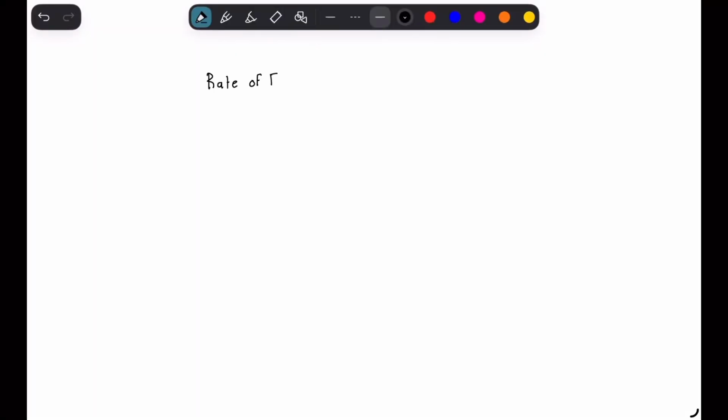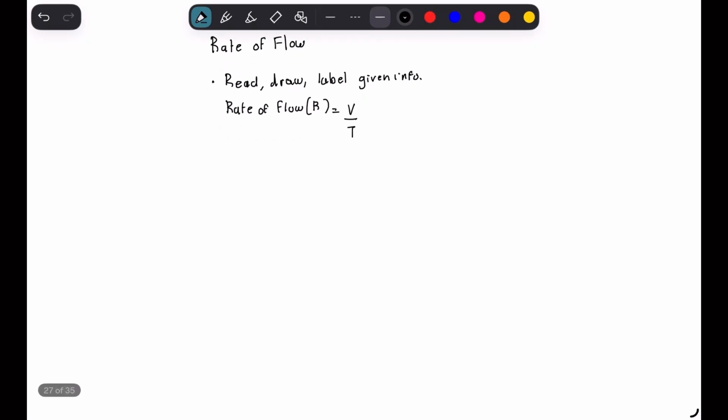So overall, when you have rate of flow, the steps and tactics that you should use include that you should read, draw, and label given information. Remember that your rate of flow, R, is equal to the volume per unit of time.